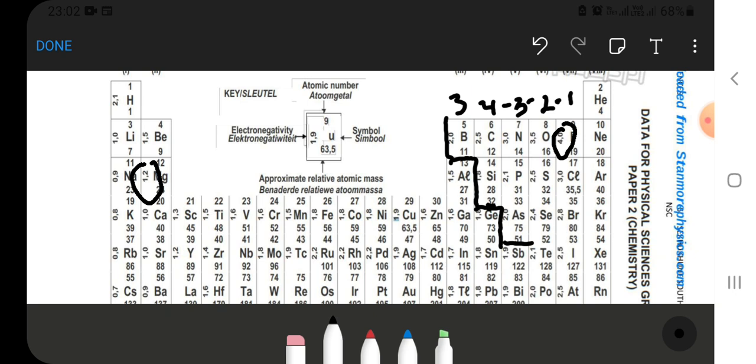Fluorine can hold on to its valency electrons because it has a higher electronegativity than magnesium. So magnesium will lose its valency electrons because it has low electronegativity.